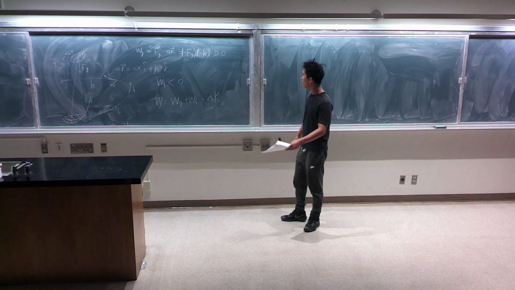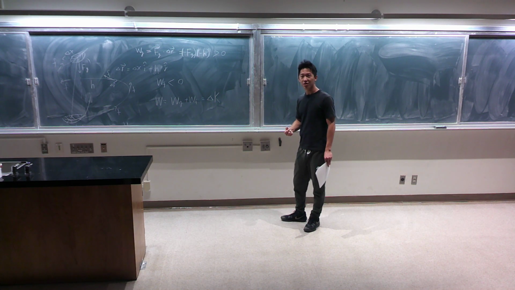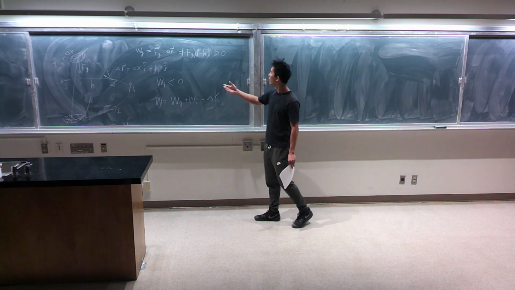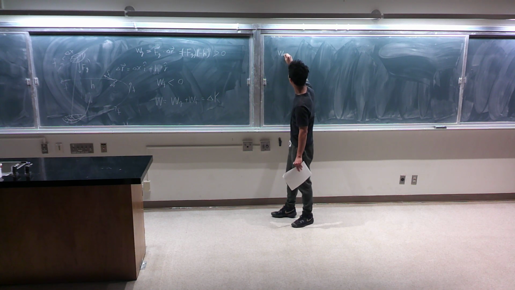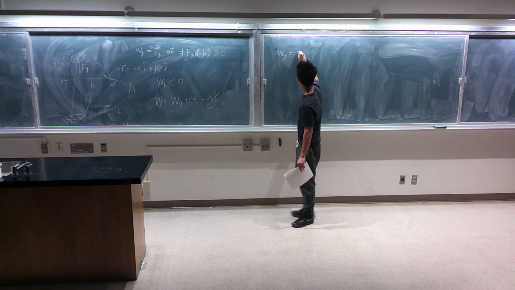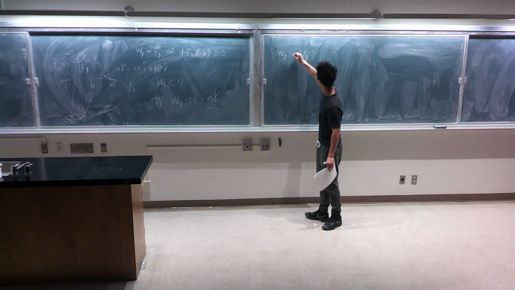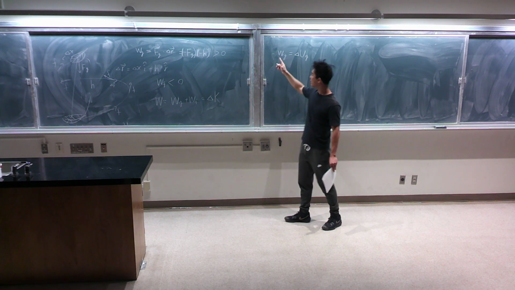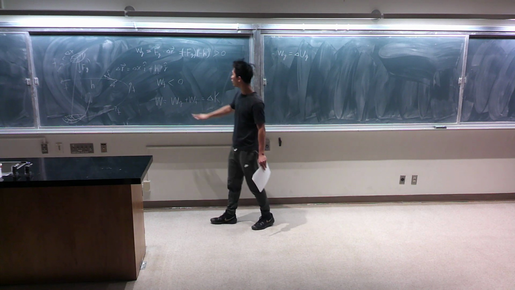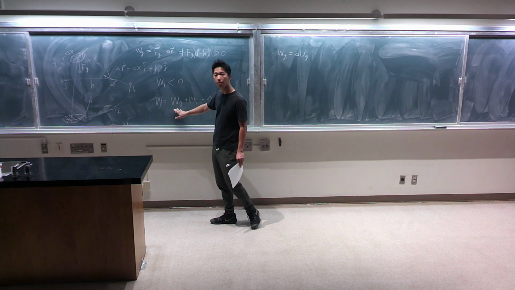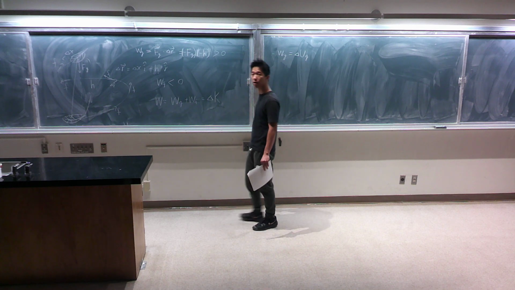So it is convenient to think of the work done by gravity as a change of potential energy. There's a minus sign because what I'm going to do is to separate the work done by gravity from the work done by friction.